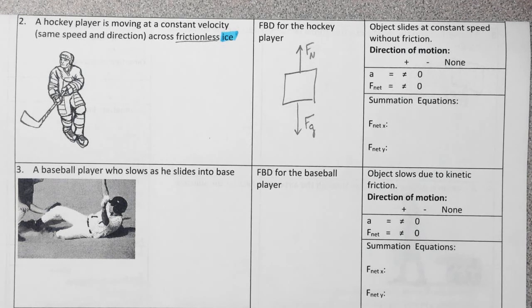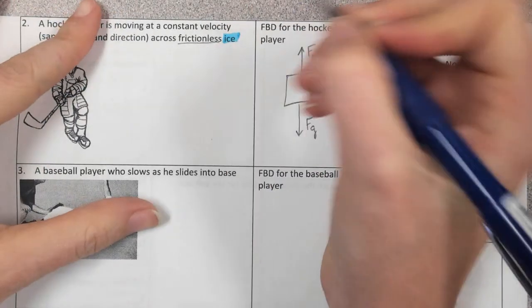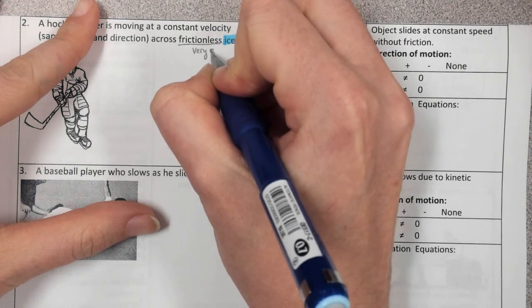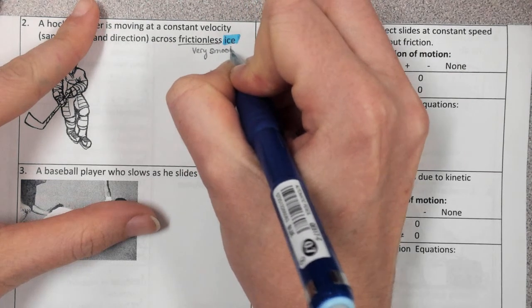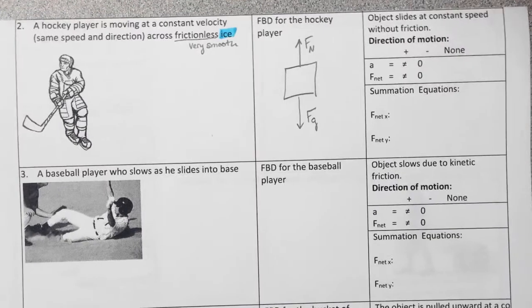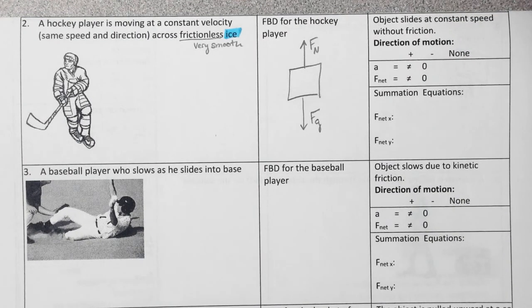It's slippery enough that you don't have to worry about it. Another word similar to ice would be a very smooth surface. If you see ice or very smooth, that means there's no friction. So we know it's frictionless ice.